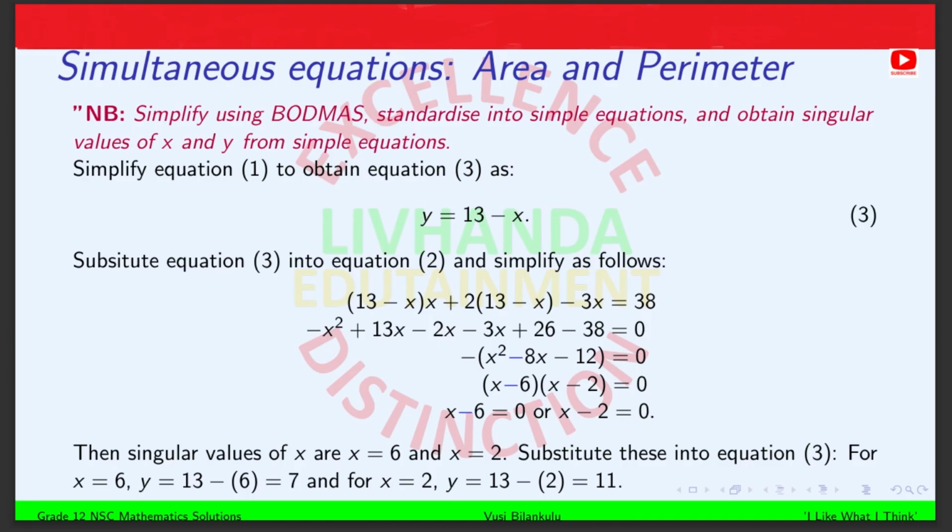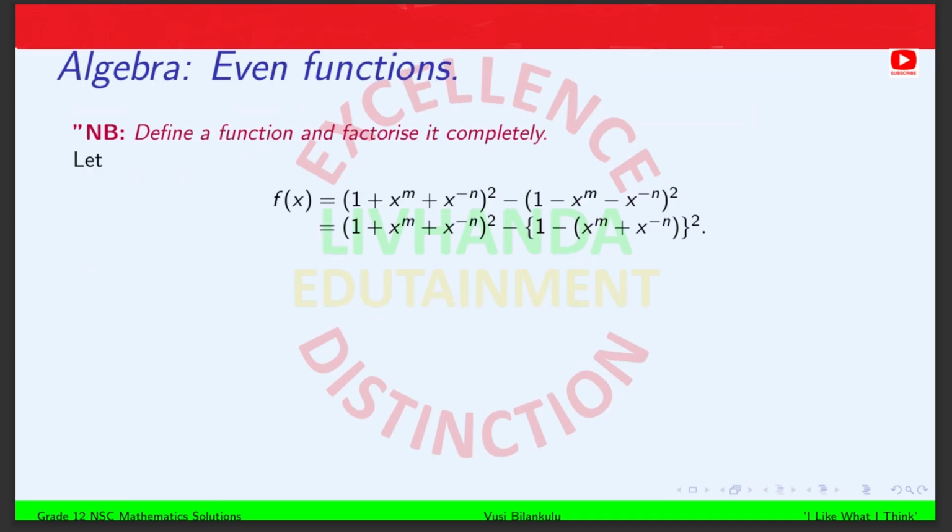Then, the singular values of x are x equals 6 and x equals 2. Substitute these into equation 3 such that for x equals 6, y equals 7, and for x equals 2, y equals 11.